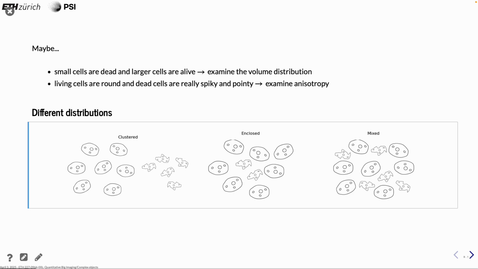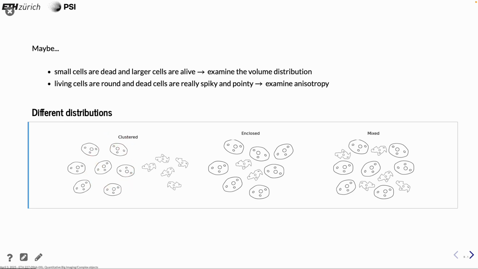The next thing we can look at are different distributions. How are the living and dead cells arranged in comparison to each other? Are they clustered? So we have regions where the cells died and regions where they prosper.